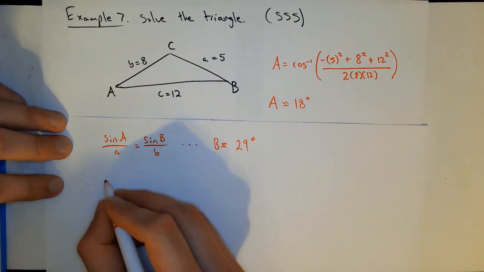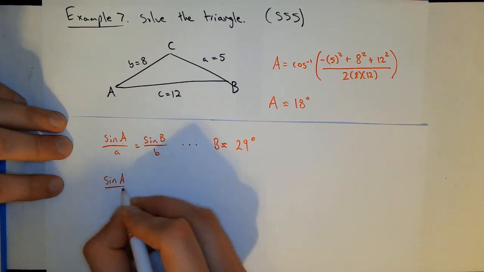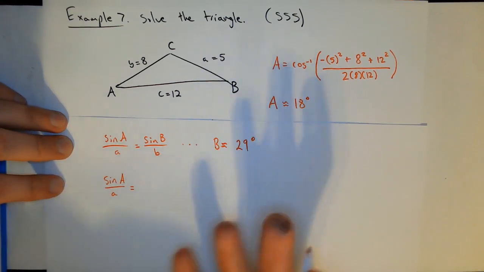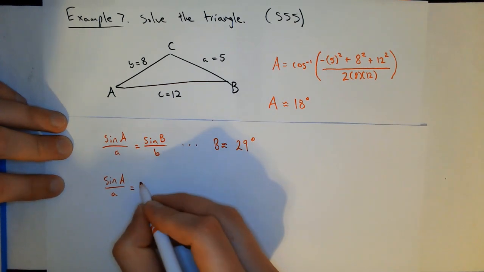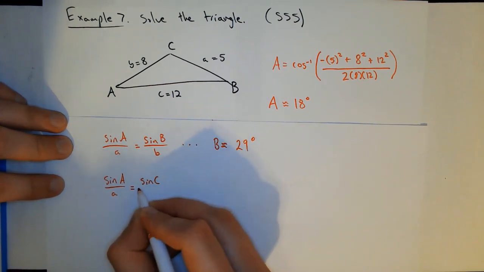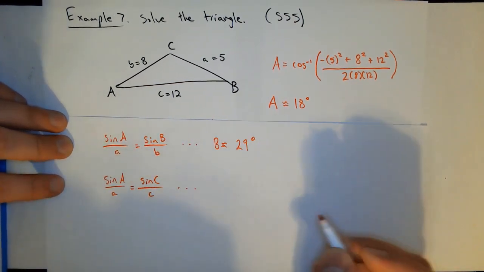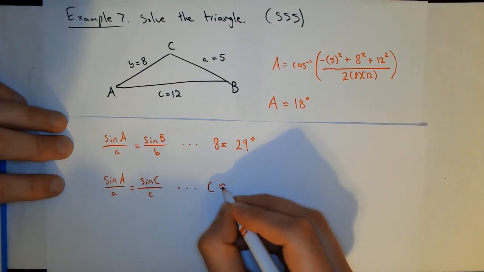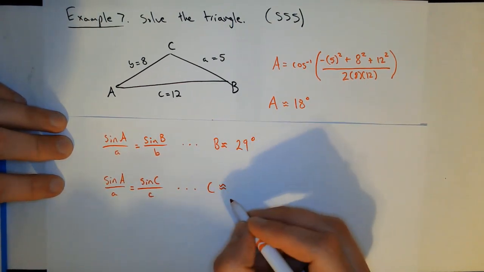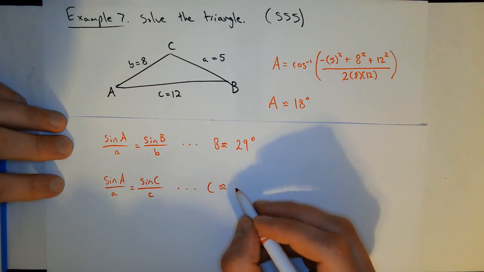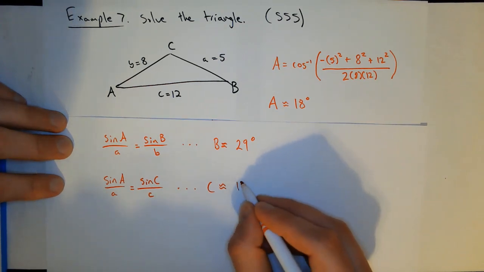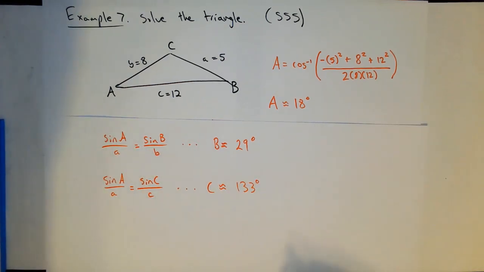And then you'll do a similar thing, sine of capital A over little a. So you see, as soon as you find one of the missing pieces, just go right back to the law of sines. The law of sines is much easier algebraically than the law of cosines. So angle C is going to be 133 degrees. And there we go. That's all of the missing pieces here.